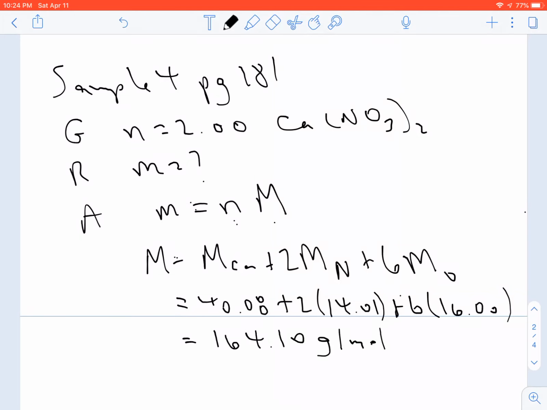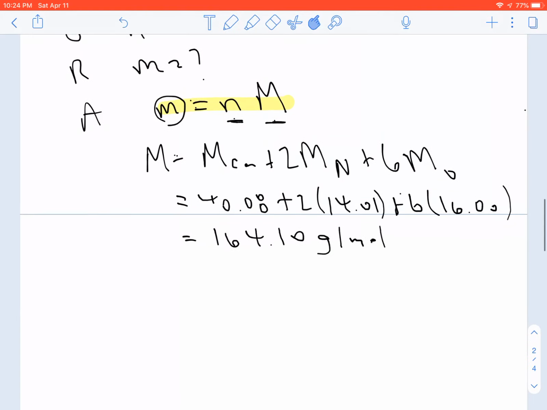So I now know big M, because I just calculated it. Little n was in the question, and little m is my unknown. Now I'm going to solve it.